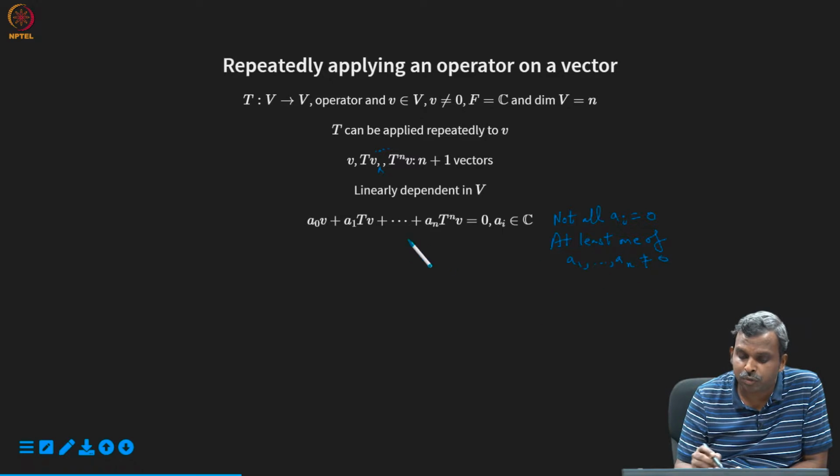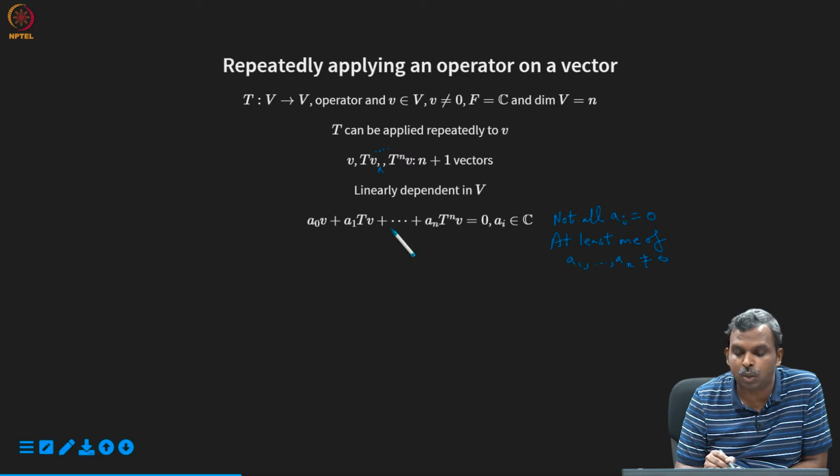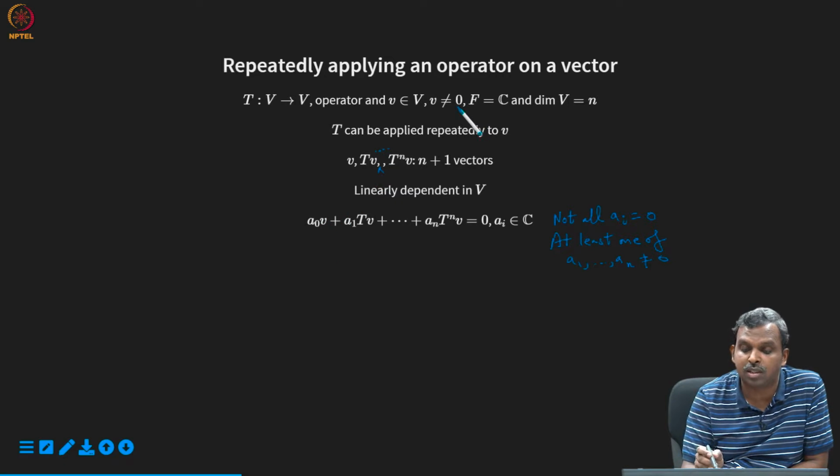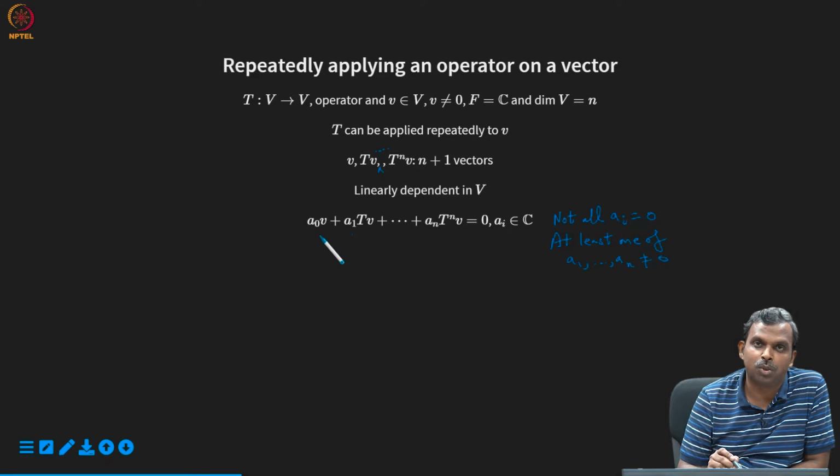Why is that? Because if all of a1 through an were 0, then what will happen? a0 also should be 0, because v is not 0. Since v is non-zero, something from a1 through an has to be there to cancel out the a0 times v. If a0 is 0, that's different, but this v itself is non-zero. So if all of a1 through an were 0, you could never get this to be equal to 0. That creates an issue.